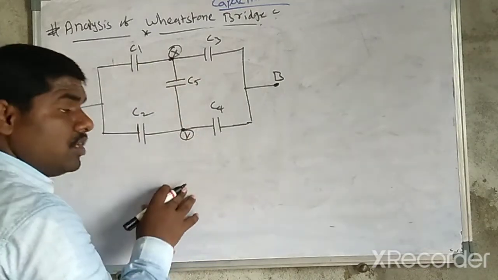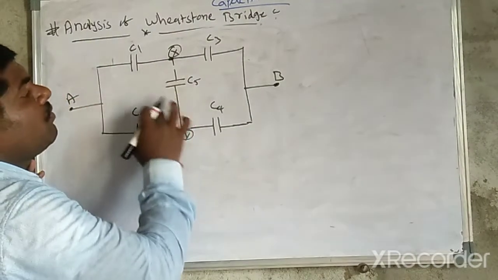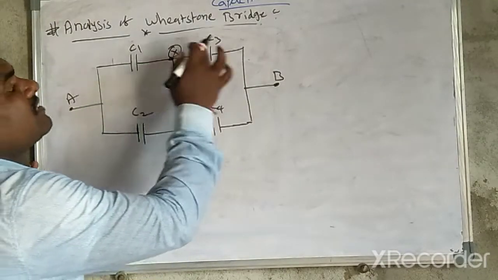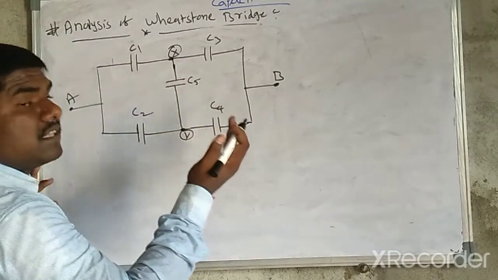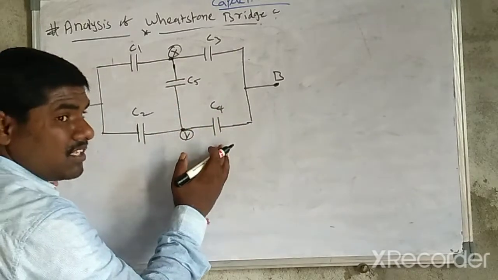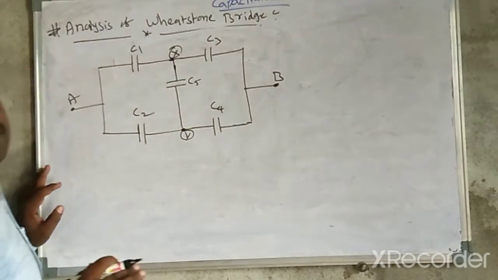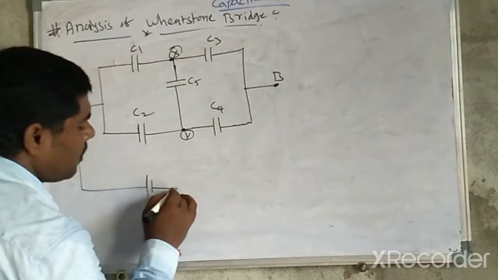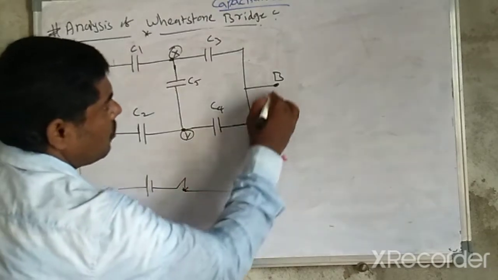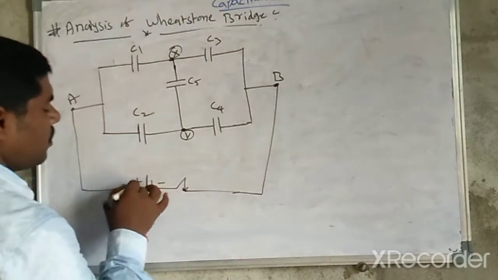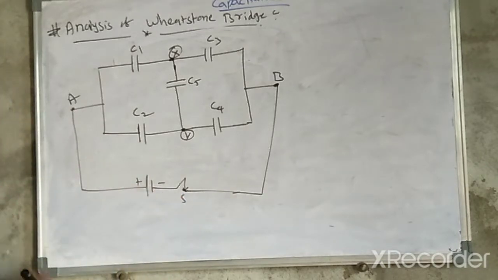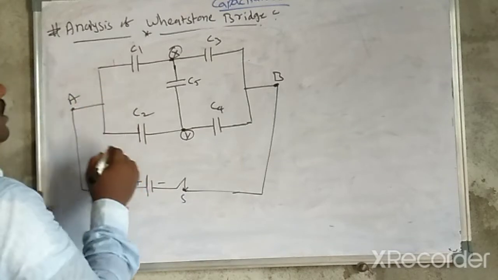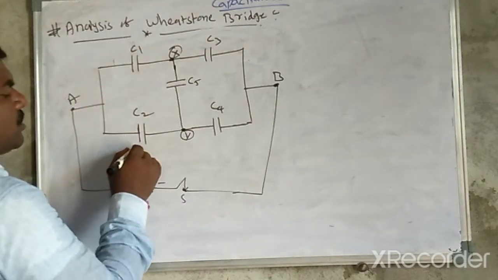If X and Y are at the same potential, you can remove or ignore C5. In that case, C1 C3 are in series, C2 C4 are in series, and then these two are in parallel. Whenever the battery positive terminal is connected through switch S, with the battery negative terminal on the other side, the positive terminal connects to C1 and C3, so the left plate accumulates charge.